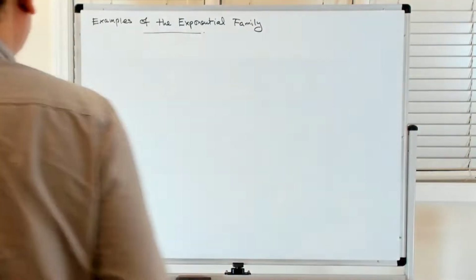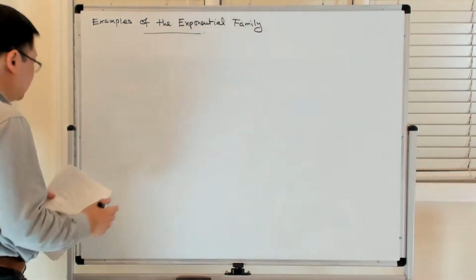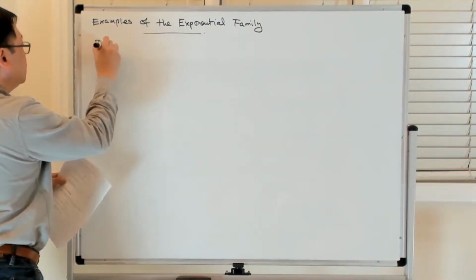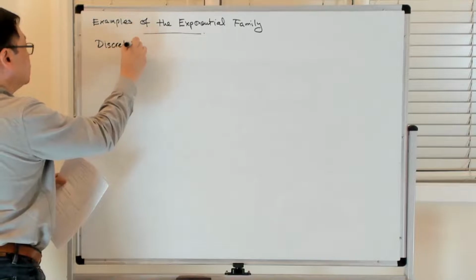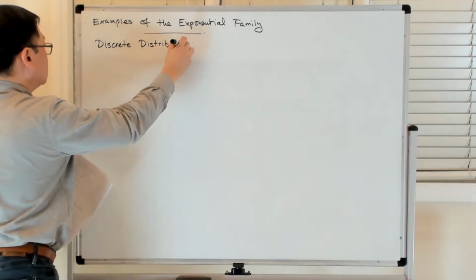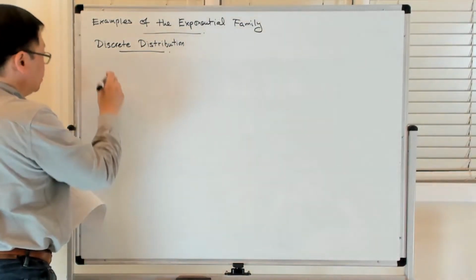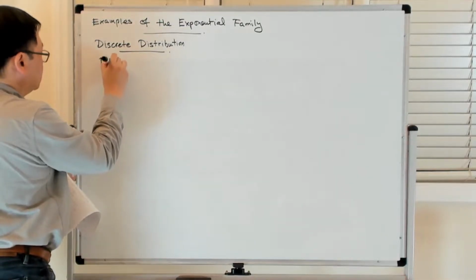Okay, so now we're going to look at another example of a member of the exponential family, which is the discrete distribution. So you have distributions of discrete random variables.